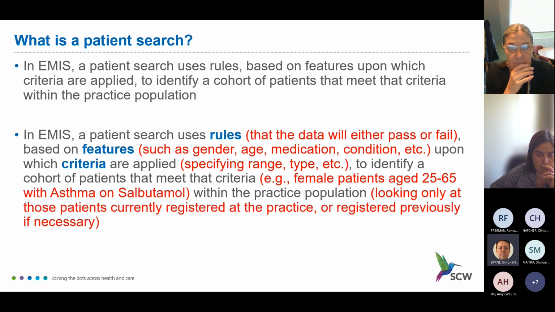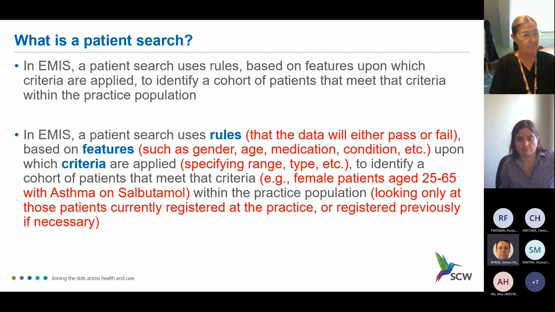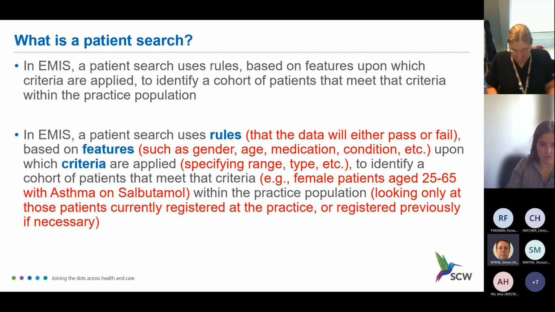However, if you're searching historically, so if you're looking within the last year, 2 years, 6 months, then you may want to change that focus to patients who were registered previously or who have since left or deceased. So it is important to think to yourself, what group of patients am I looking at? Is it patients that are currently registered at the moment, or am I looking across a period of a year or so since the search date that you need to search on?